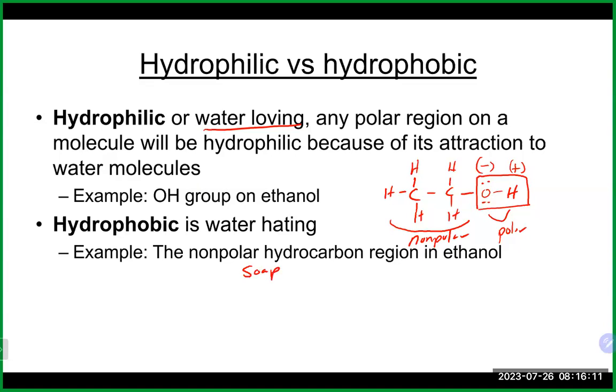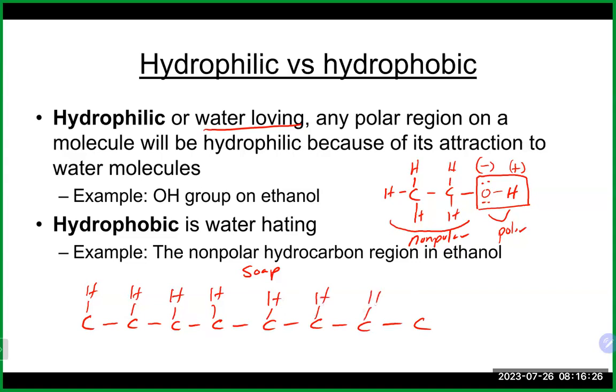And when we have soap, as we might have looked at previously, soap has a really long chain. And I'll draw out all the hydrogens, but pretty much all this part here are carbons and hydrogens, usually longer than this, maybe about 18 or so going on here.